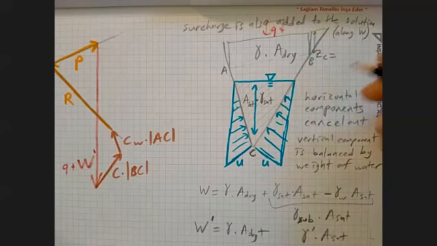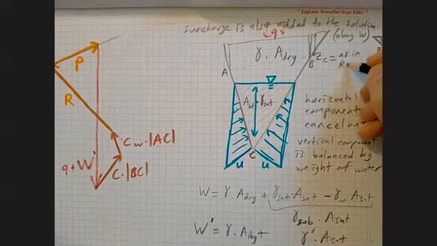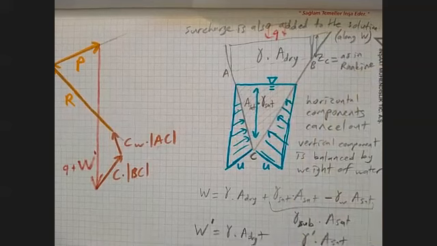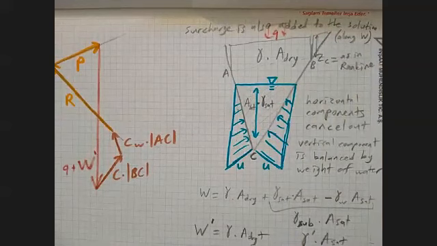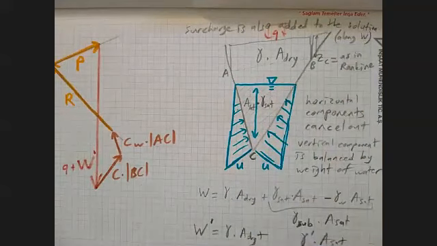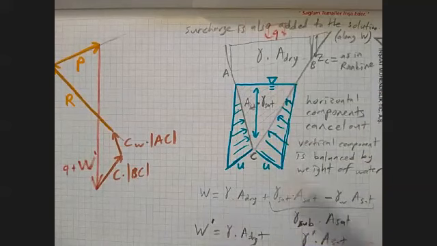And when you do that without surcharge, it is going to be 2c over gamma times square root of Ka, something like that. But anyway, don't memorize that because it changes if you have surcharge on the surface. So this way you have a much more realistic representation of the soil wedge.